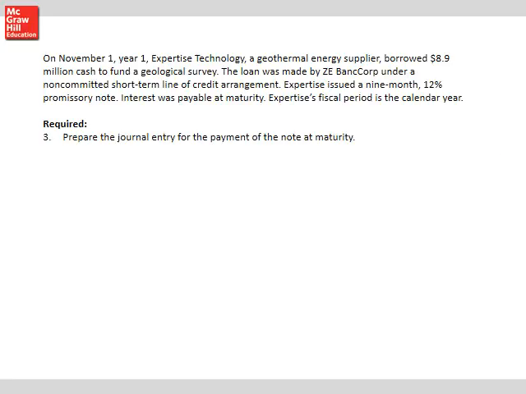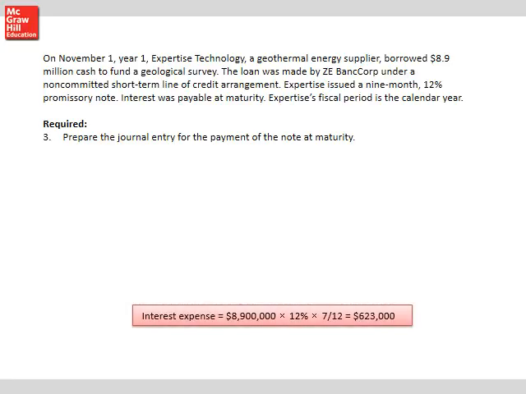The final thing we have to do on this exercise is to show the payment of the note at maturity. Okay, so the first thing we're going to have to do is record the interest that we have not accumulated, and so that will be the 7 months until the note is payable, and so that will be 7/12 times 12% times the original face amount of $8,900,000, or $623,000.